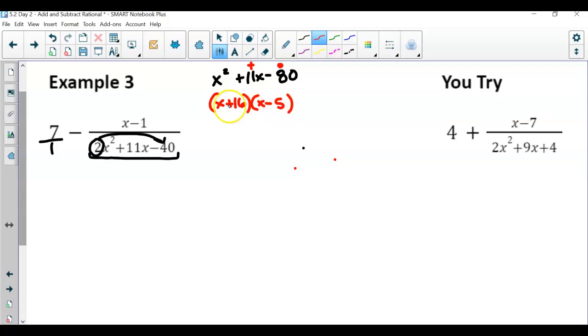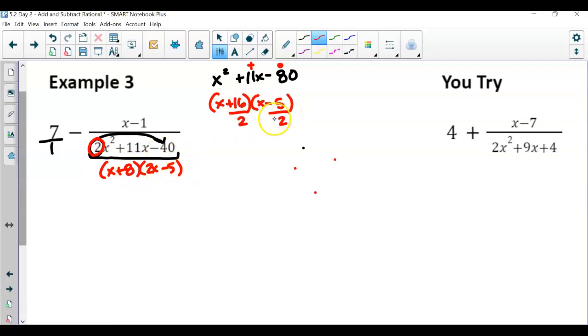However, this is not our final factored form because a was 2. That's what we multiplied by. So now make sure to divide by a, which was again 2. So this trinomial in factored form is x plus 8 times 2x minus 5, because again, 16 divided by 2 is 8.